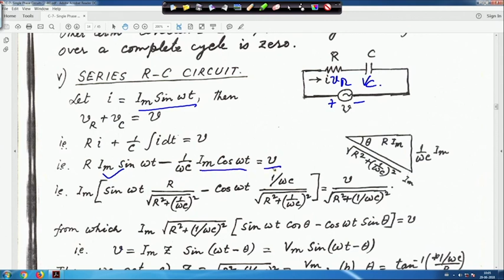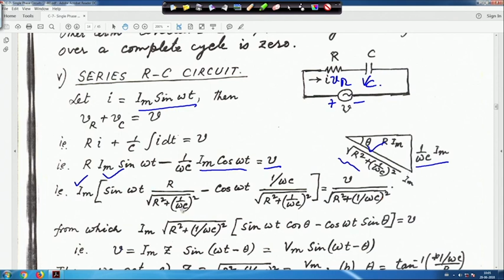So, as before, you take Im common; here it is multiplied by 1 upon omega C, and the voltage drops are multiplied by Im, this is R Im, and this angle is theta. So in this case, for the sin omega t term, what you can do is divide both sides by root over R square plus 1 upon omega C square. Then the right hand side will be V upon root over R square plus 1 upon omega C square.